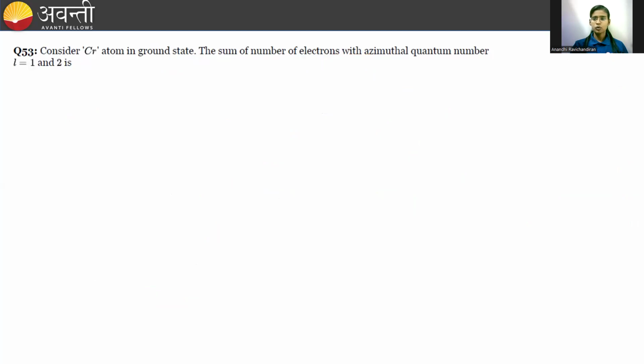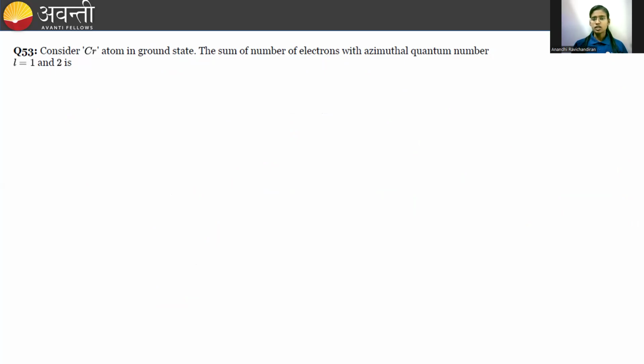Next, moving on to question number 53. Consider a chromium atom in the ground state. The sum of the number of electrons with azimuthal quantum number L is equal to 1 and L is equal to 2 is what?